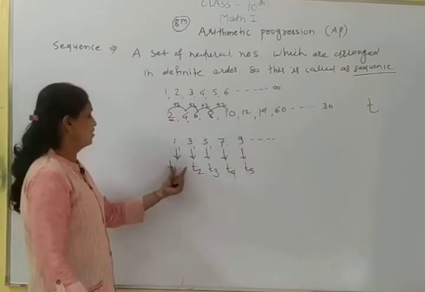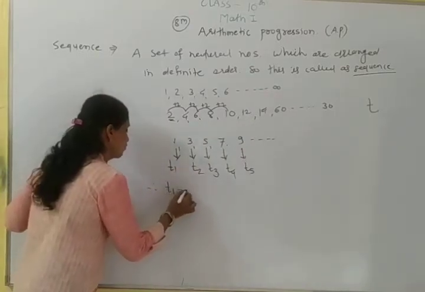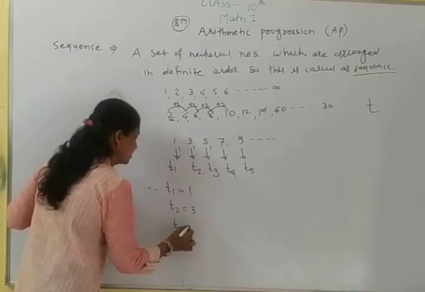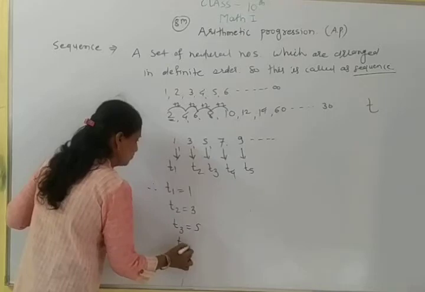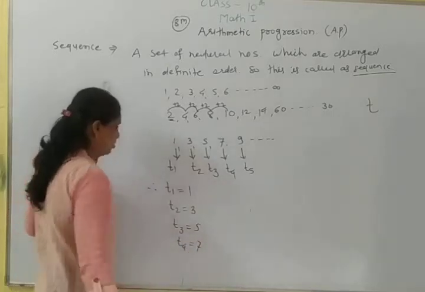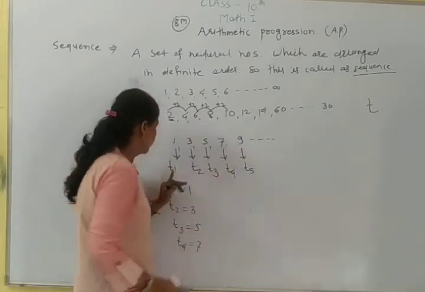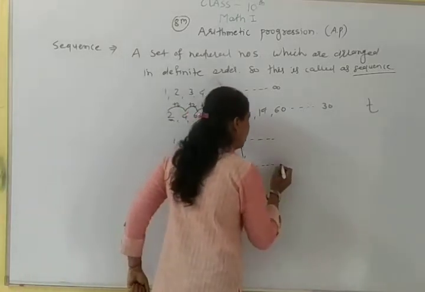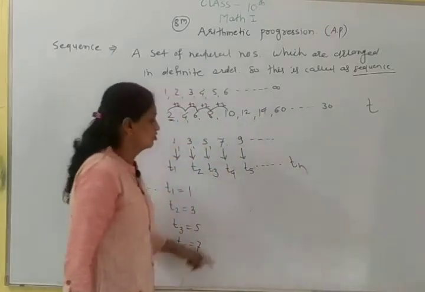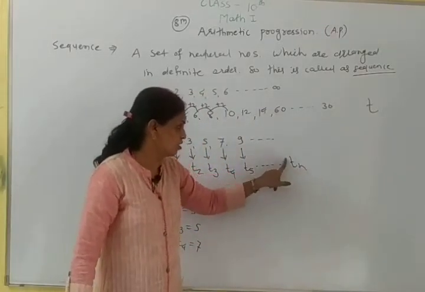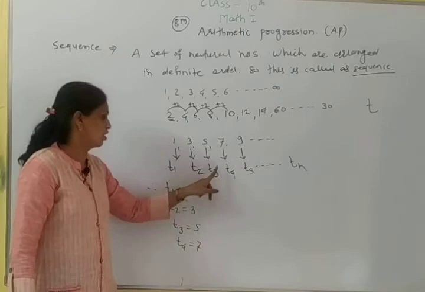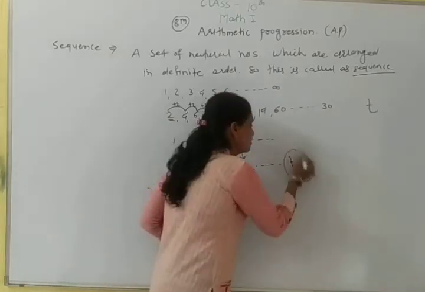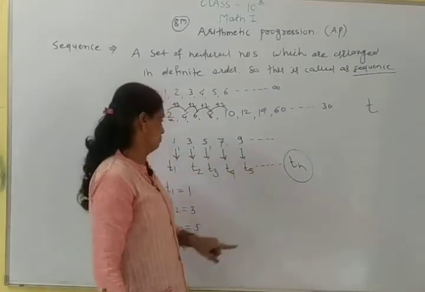Therefore, T1 equals 1, T2 equals 3, T3 equals 5, T4 equals 7 and so on. So, the terms are T1, T2, T3, T4, T5 and up to Tn. The last term is called the nth term.